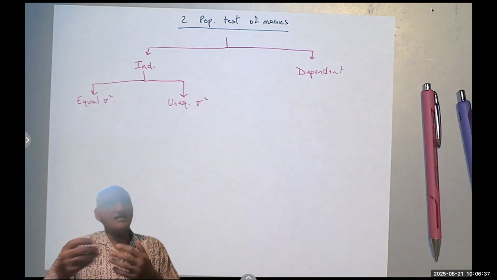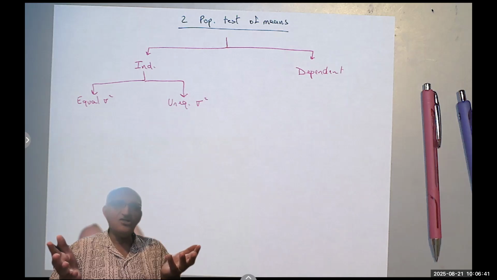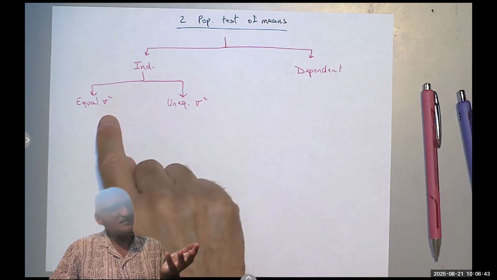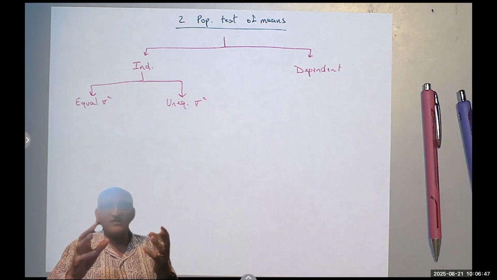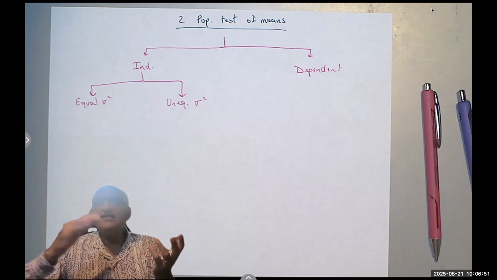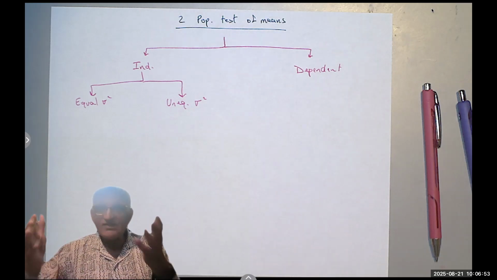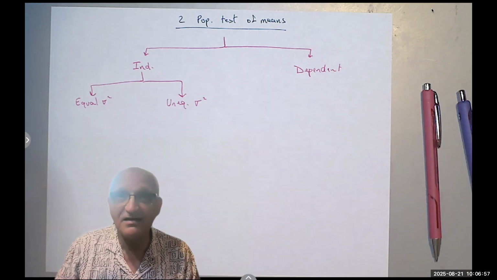But then the other side would say, when you fail to reject, that doesn't mean that the variances are equal. It just says that the difference that you've seen is not significant to say with a strong statement they are unequal.